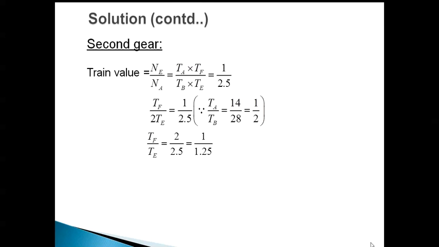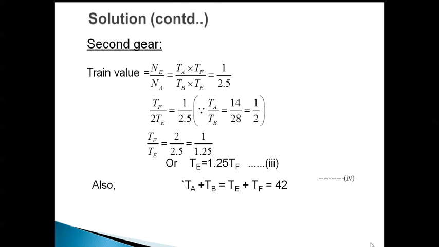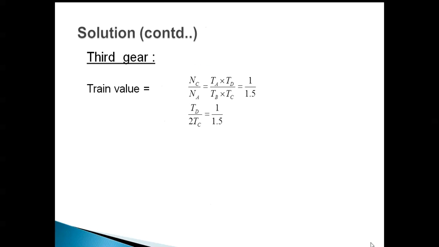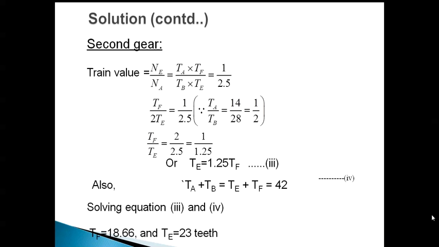So now TF by TE is equal to 1 by 1.25 and TE equal to 1.25 TF. And already we know TA plus TB equal to TE plus TF equal to 42. So by using both equations, third and fourth, we got TF is 18.66, means 19, and TE is 23.